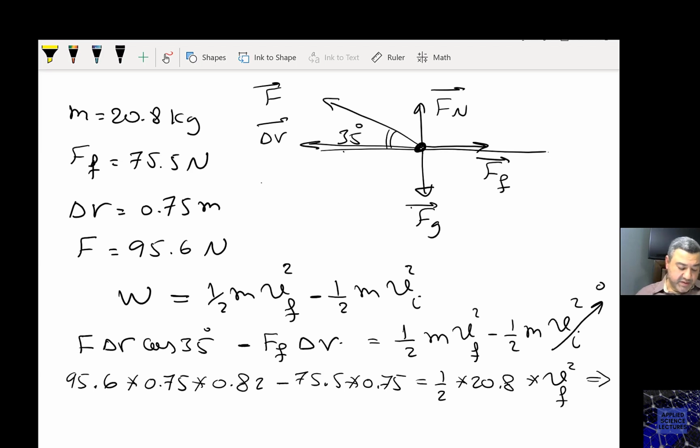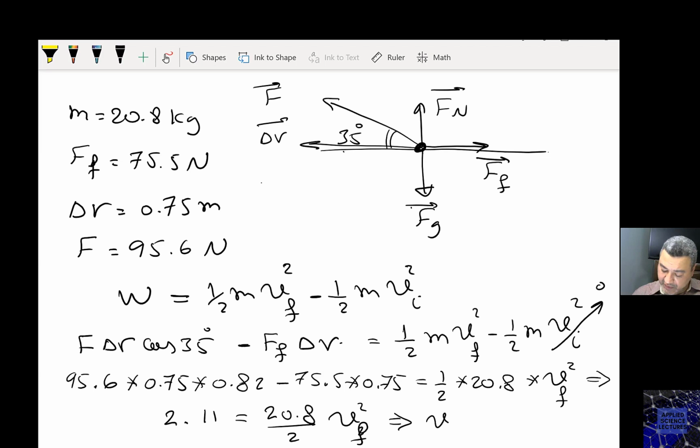This means if you do the calculation here, this is going to be 2.11 equals 20.8 Vf squared.